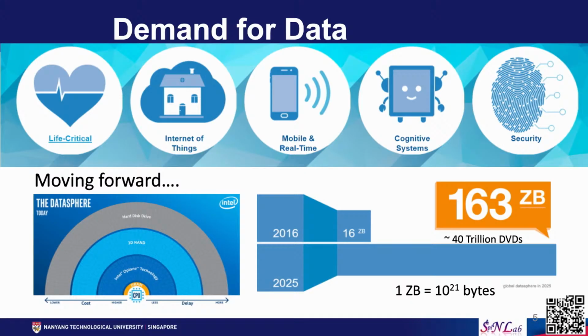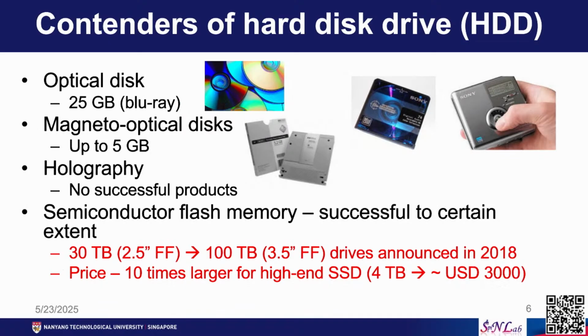This is a very old slide. At that time, they predicted that in 2025 we would need so much information. The information that we generate keeps growing and growing, and the devices that store the information should also improve, so that we can store all the data.